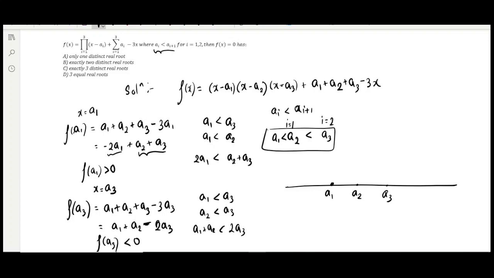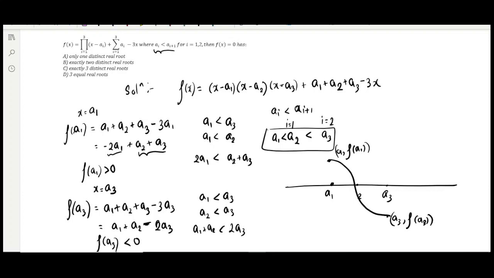We have found that f(a1) is positive, so this point will be something here. f(a1) is nothing but the value of y, the point (a1, f(a1)). As f(a1) is positive, this point will be above the x-axis. Similarly, we have found that f(a3) is negative, so this point will be below the x-axis. So we can roughly draw a graph that will be something like this.